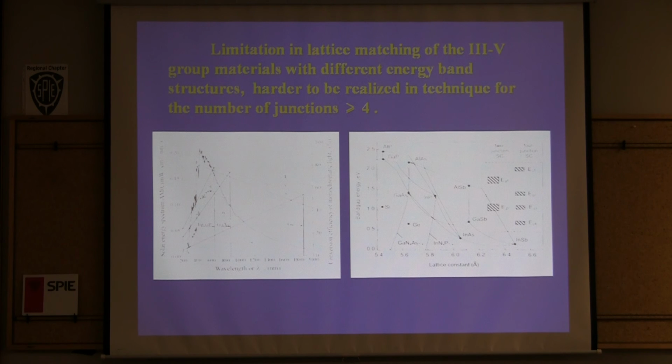Another problem is heat. Because you want to reduce the cost, you have to reduce the area. When the area is smaller and smaller, you have to concentrate the light onto a very small area, and the device becomes very hot. When the temperature increases, efficiency goes down.